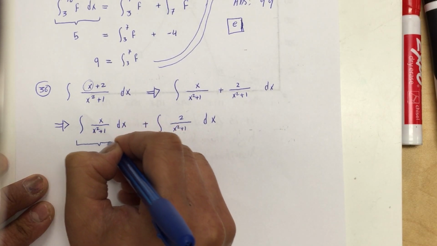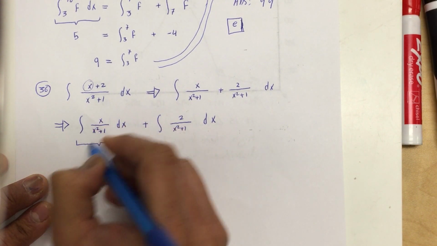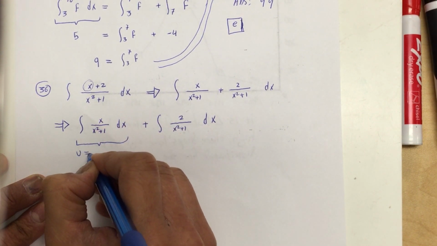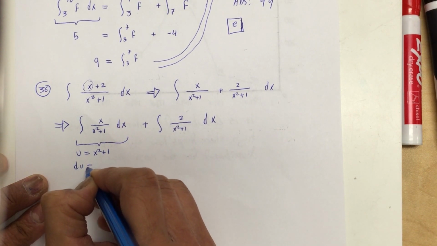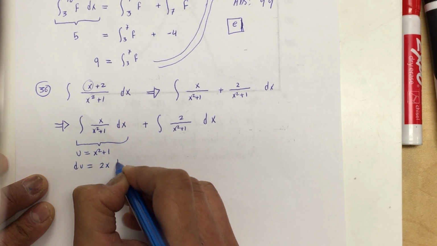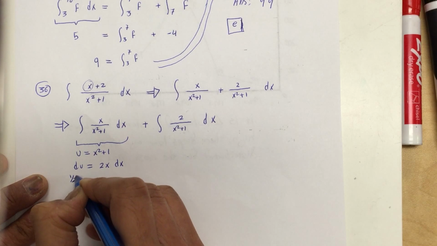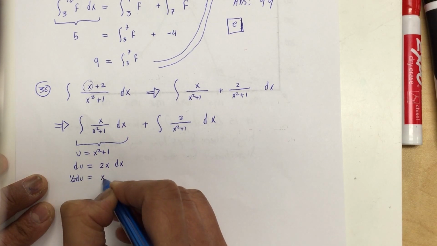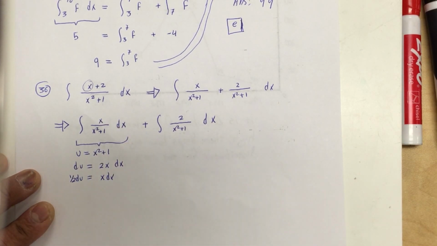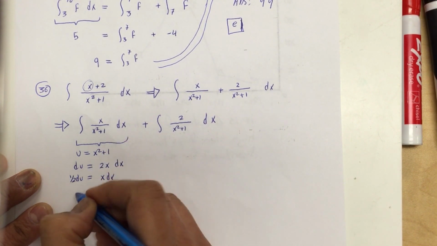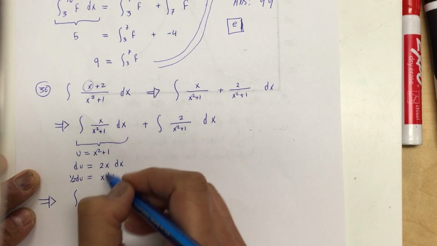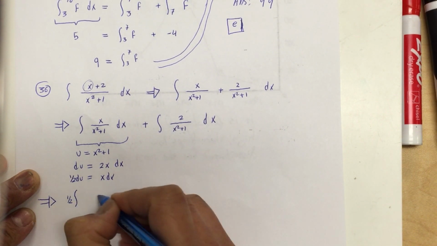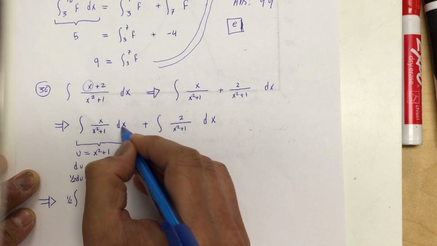For the first part, we can use u sub here. Let u equal x squared plus 1. Then that means du will be 2x dx, and so 1/2 du is going to do the trick. Now we make a substitution, so our integral becomes 1/2 du, which gets replaced for x dx.